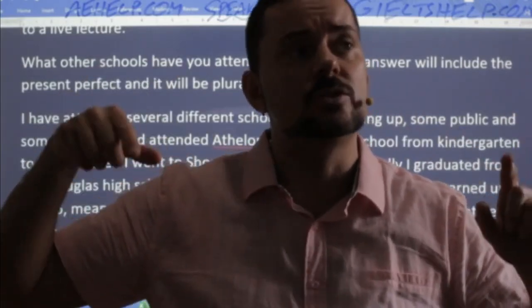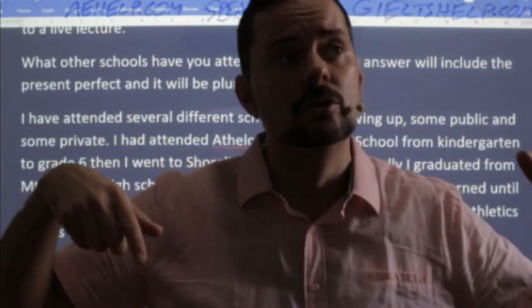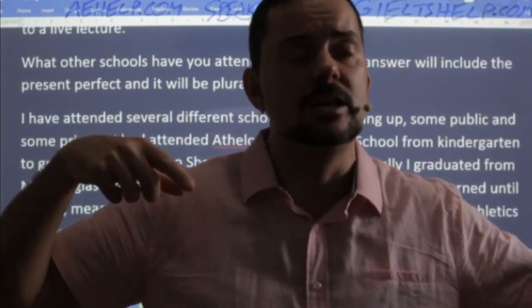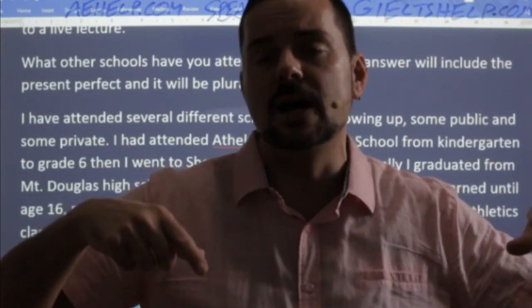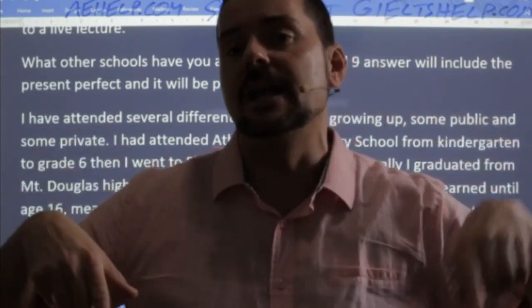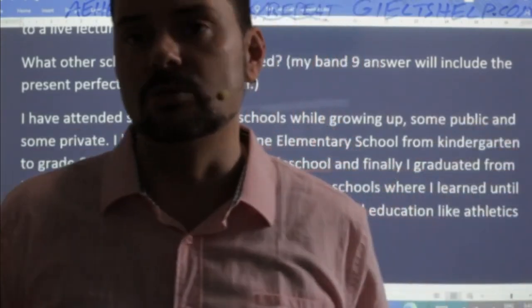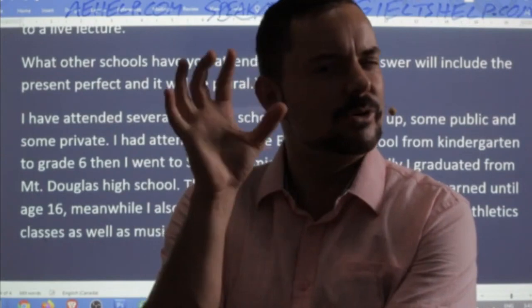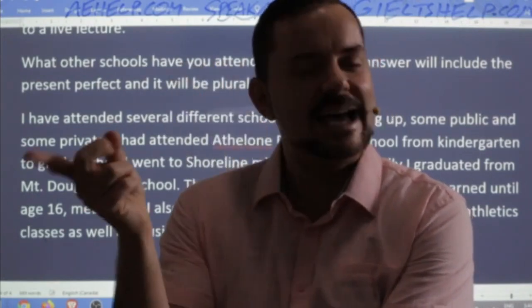It's much clearer for your audience than if you're jumping around like, oh yeah, I graduated from Mount Doug High School. Before that, I had gone to Shoreline Middle School. Oh yeah, and then after that, I actually attended a junior college as well. And then in the very beginning, I went to Athlone Elementary School. Yeah, okay, it can be understood, but your listener at this point might be going, so which one was first and which one was last?